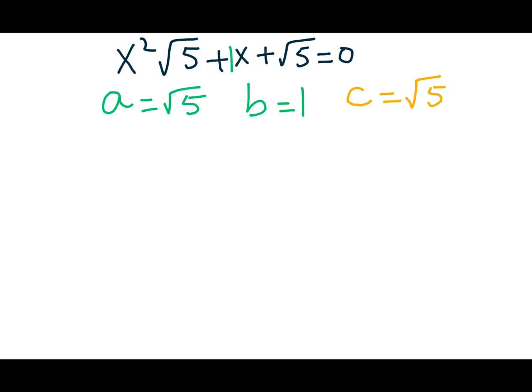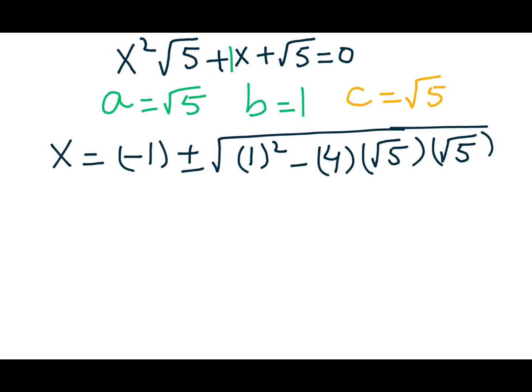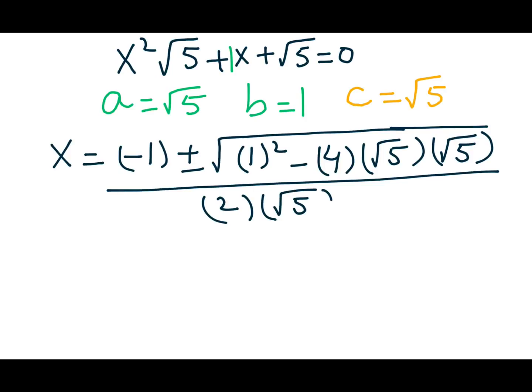So let's plug those values into the quadratic formula, and this is what we get: minus 1 plus or minus the square root of 1 squared minus 4 times the square root of 5 times the square root of 5, divided by 2 times the square root of 5.